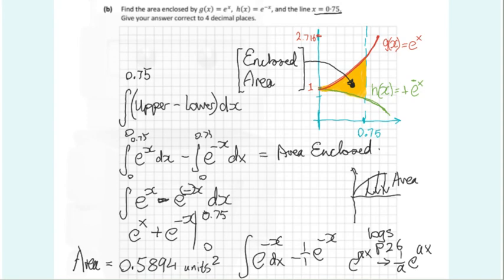The most important aspect of this is the setup, where you do the upper function minus the lower function, and the upper limit, the right hand side, minus the lower limit on the left hand side. So be able to set that up and then integrate effectively, and it should all come together. I recommend practicing those to get really good at them, because they're straightforward.